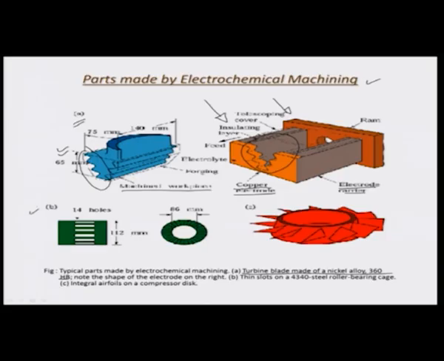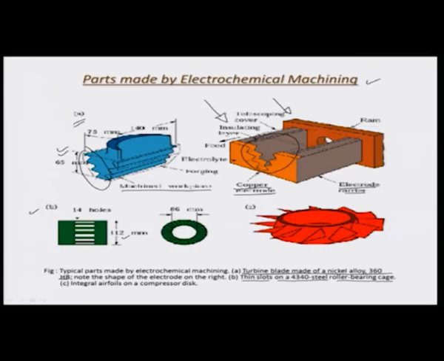Figure B right here shows thin slots, okay, and this is made on a 4340 steel roller bearing cage, and you can actually see that if you look at this scale here, this is about 112 millimeters.